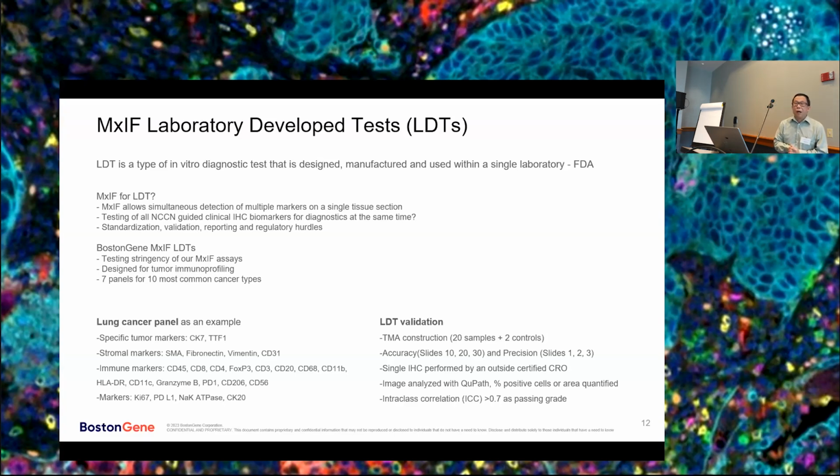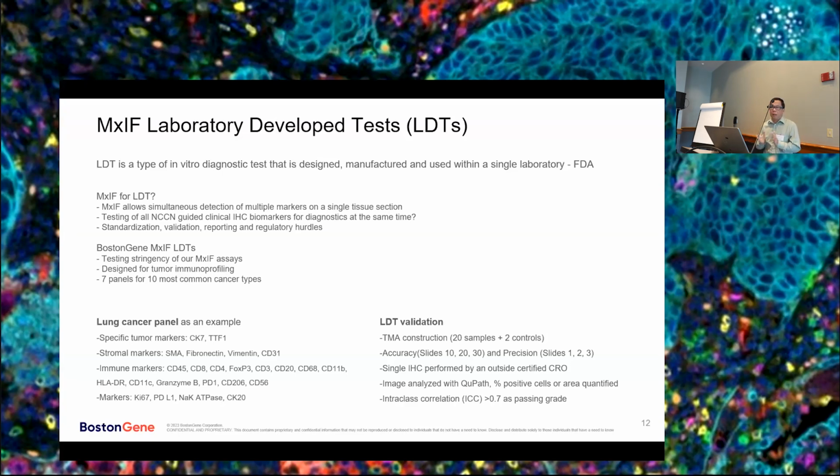For this LDT validation, we constructed a TMA that consists of 20 tumor samples plus 2 control samples. We use 3 spaced-out slides for the accuracy study and 3 consecutive slides for precision. For accuracy, we take into consideration potential tissue heterogeneity along the depth of the tissue.